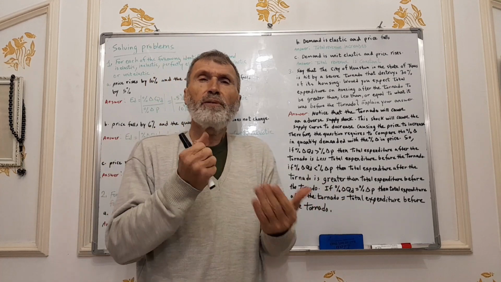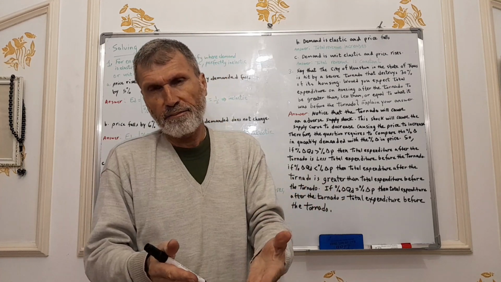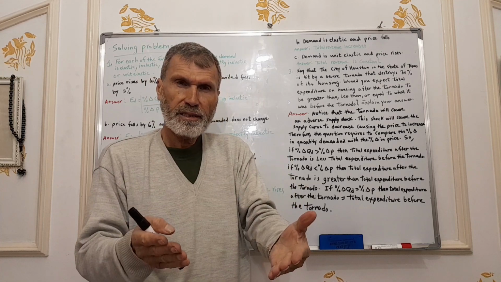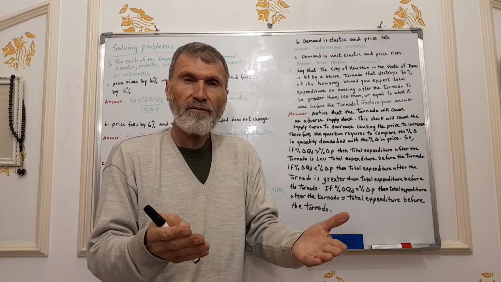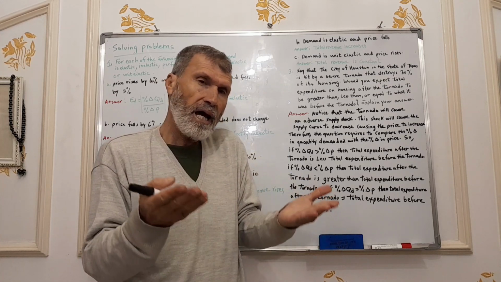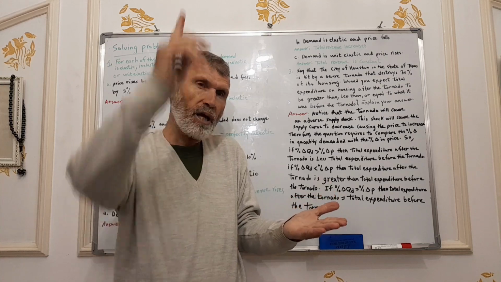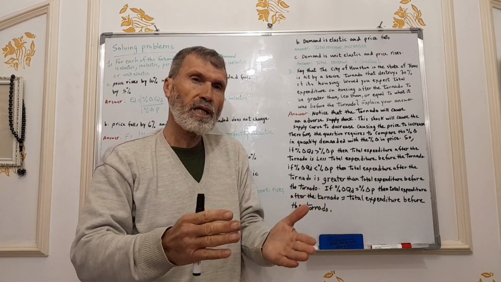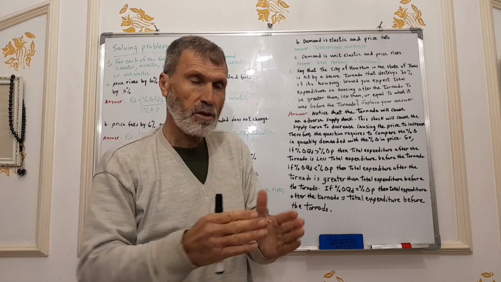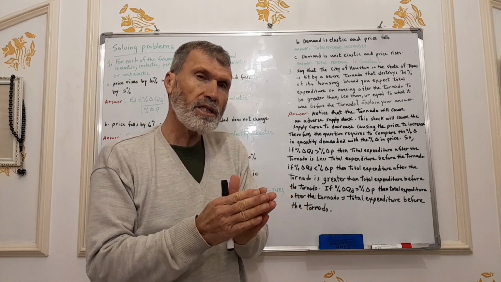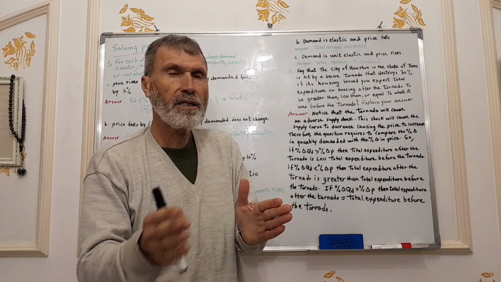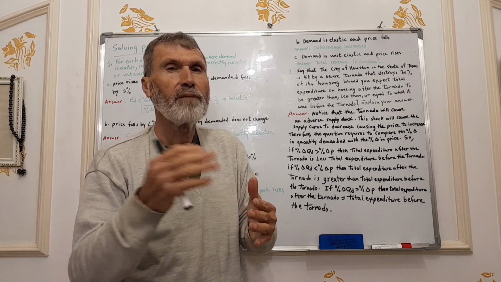Now, if the percentage change in the quantity demanded is less than the percentage change in the price, which means we have an inelastic demand, and the price rises, therefore total expenditure will increase. So total expenditure after the tornado is greater than total expenditure before the tornado.